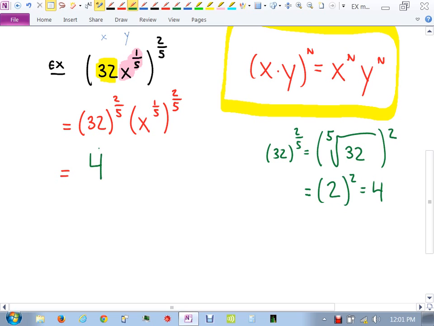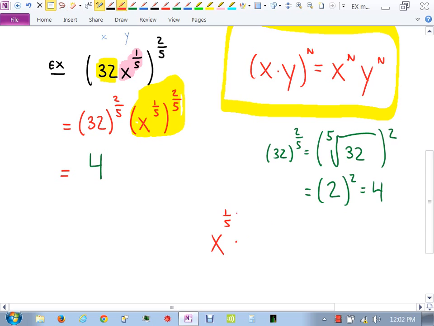Now, the other one, this one here, I have to use the property that says if you have something to a power, then to a power again, what do you do with those powers? 1/5 and 2/5. That would be if I had them side by side. But if I had x to the 1/5 times x to the 2/5, then I would add them.